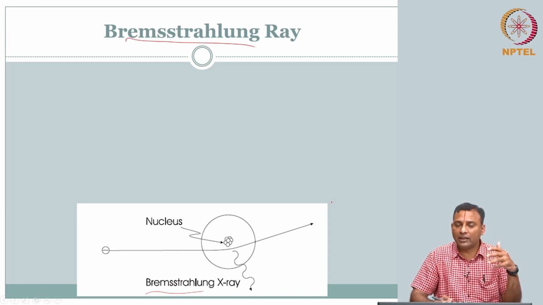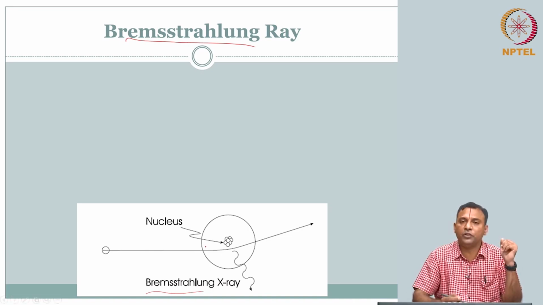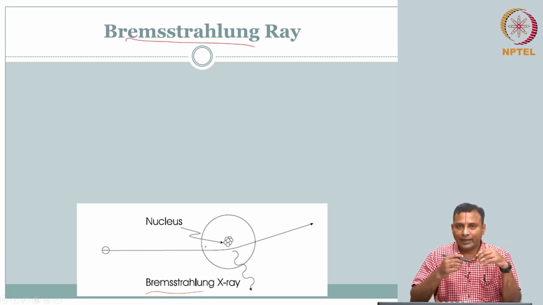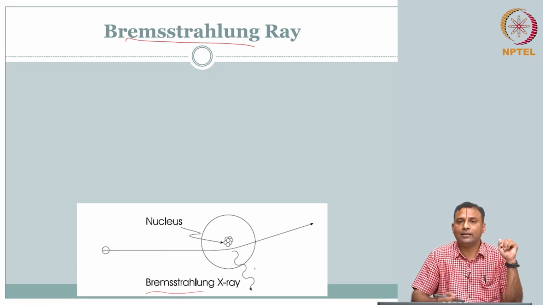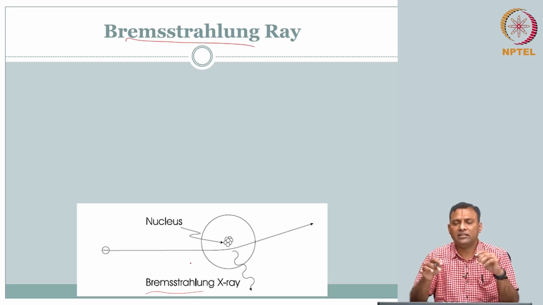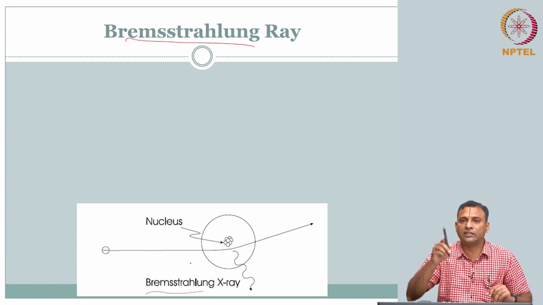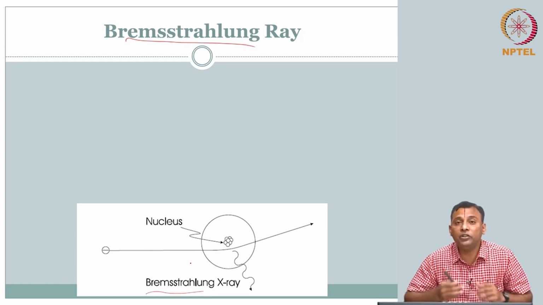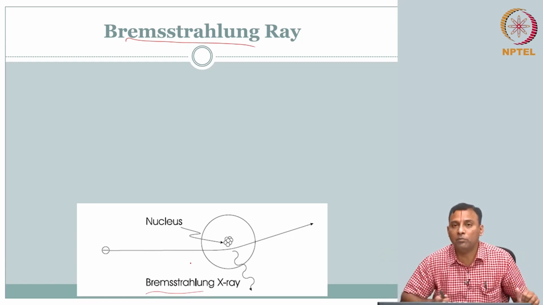So that energy that comes out because of the braking, because of the slowing down, because of the influence of the nucleus, comes out in the X-ray range. This is a most important thing. This is continuous, you are applying brake, so that means you are releasing energy, unlike your characteristic radiation, which was shell dependent and therefore discrete. This is a continuous range of X-ray energy that is going to come out.